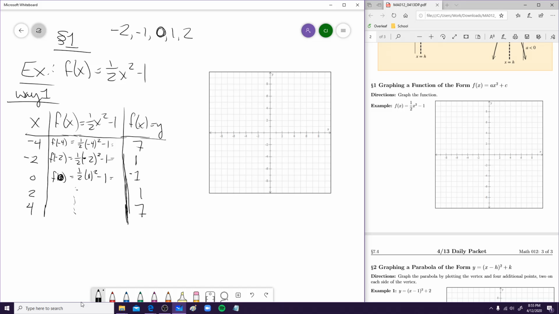Okay, so now I'm going to plot these points. And again, I'm going to use a bigger pen because hopefully it'll reduce my errors. So wherever there's a -4, there's 7, and then -2, 1, 0, -1, 2, 1, and 4, 7.